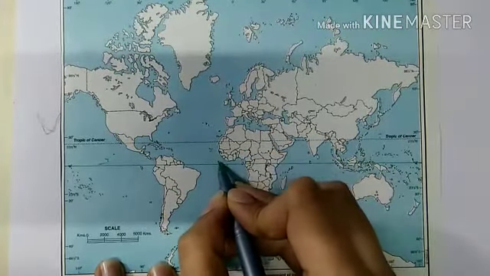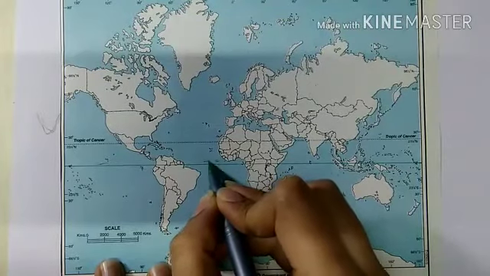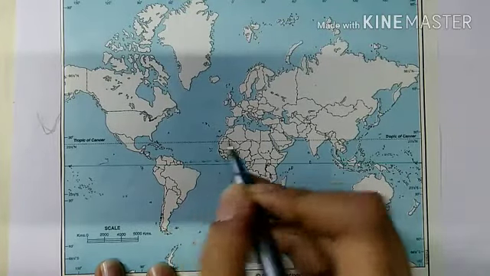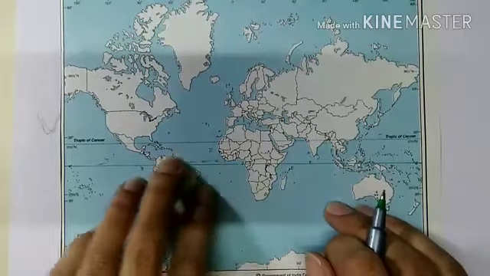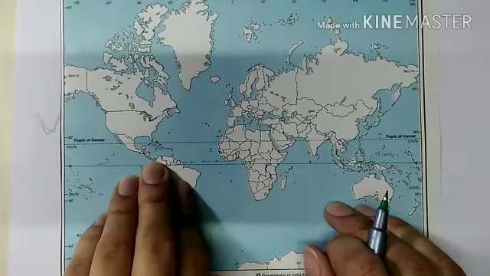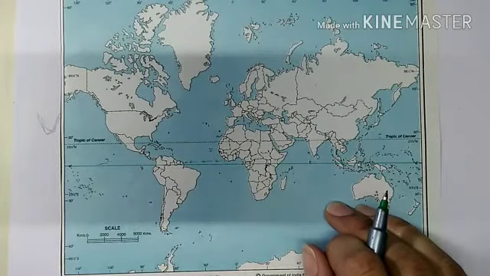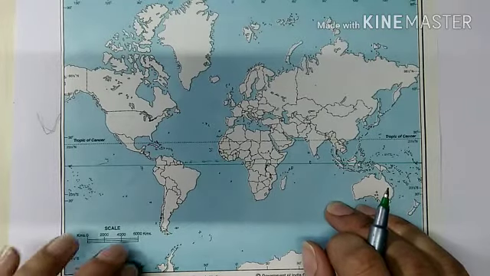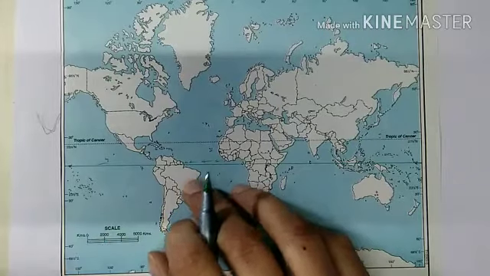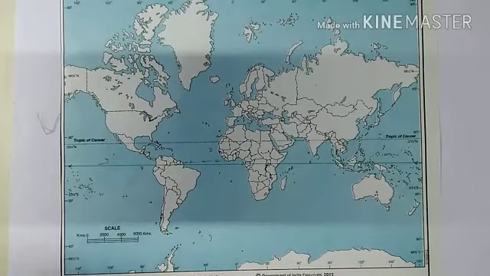So because of the frictional drag of easterlies, we have formation of the North Equatorial Current. Now the North Equatorial Current bifurcates into two branches near the bulge of Brazil. So this is the bulge of Brazil. Okay, and here it bifurcates into two.